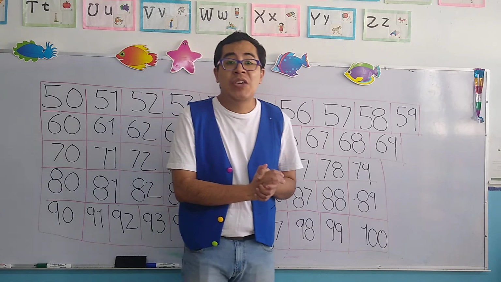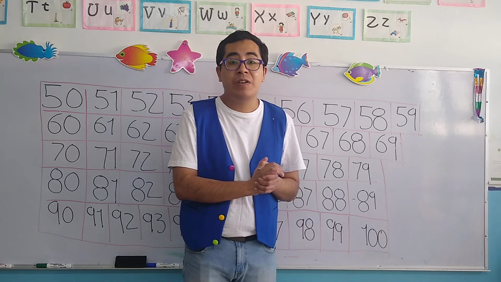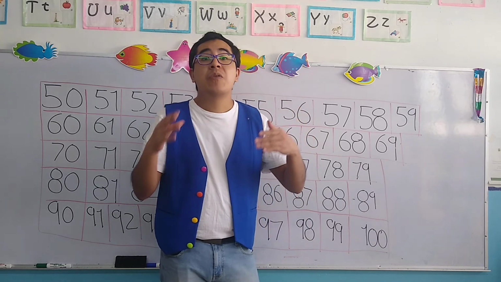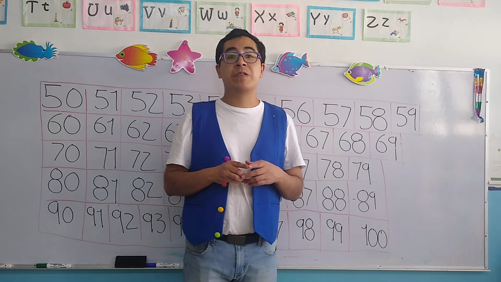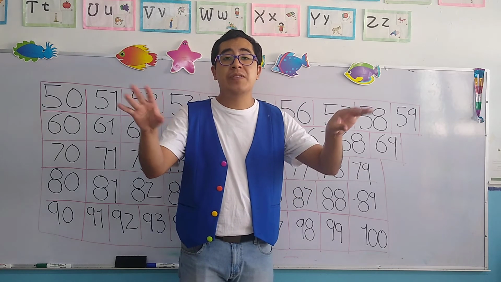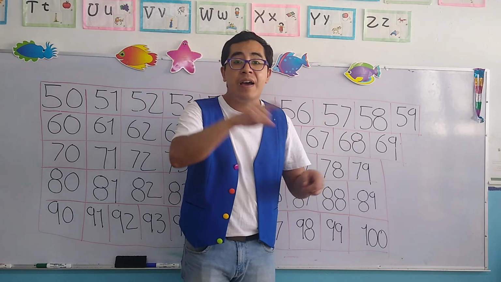Now, let's see the last family of the numbers of Kinder 3, which is the family of the 90s. Now, for this, all number 90s, they begin with the number 9.